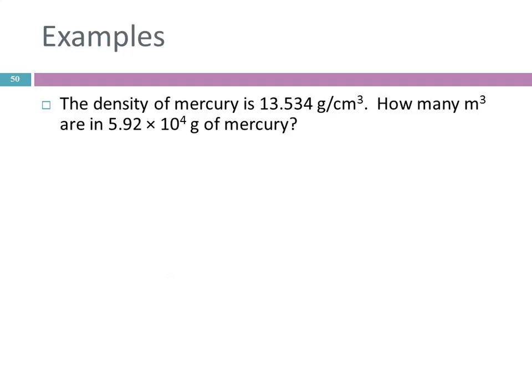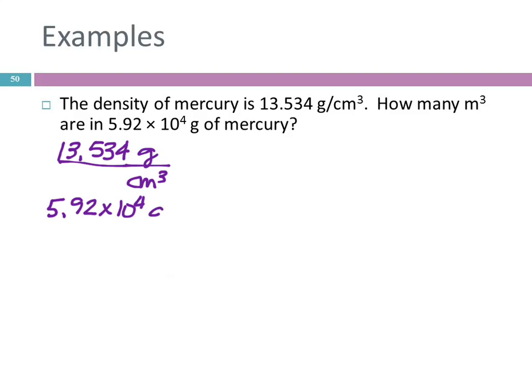Okay, so let's take these numbers and just write them down so we can see what we're dealing with. 13.534 grams per cubic centimeter. Write that as a vertical fraction and then extend that line. And I've got 5.92 times 10 to the 4th grams.